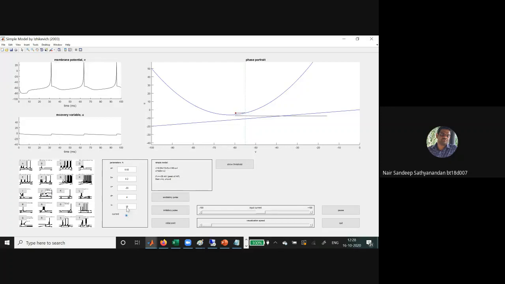Right. So now let us also look into spike frequency adaptation.